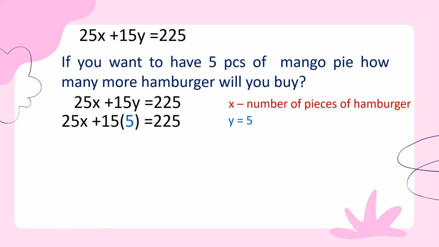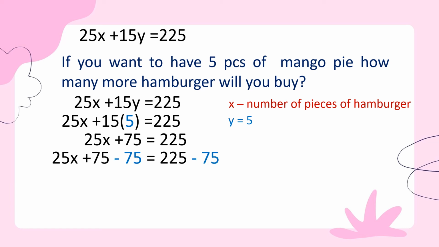If we simplify this, we have 25x plus 75 is equal to 225. Isolating 25x on the left side of the equation, we add negative 75 on both sides. So, 25x plus 75 minus 75 is equal to 225 minus 75.